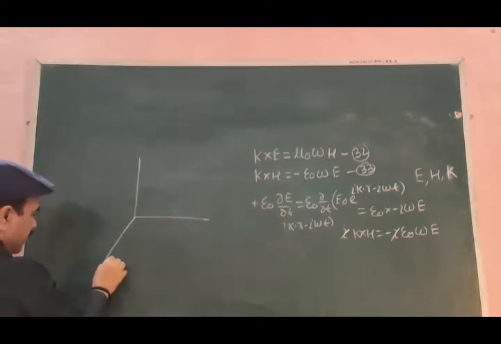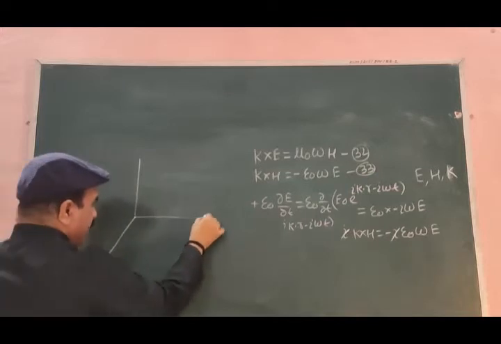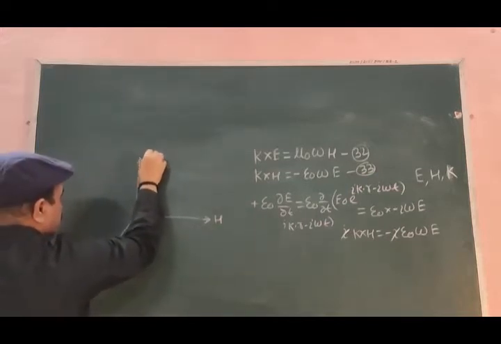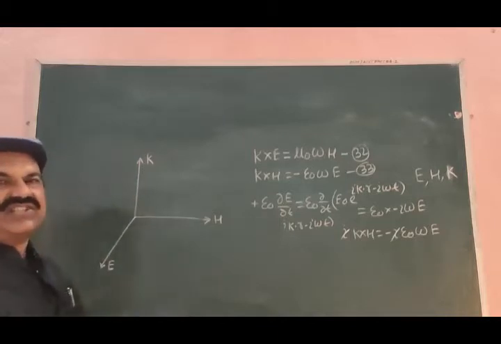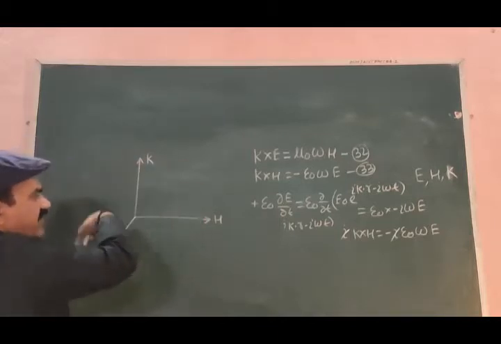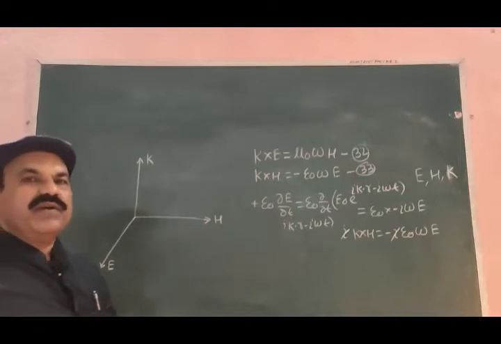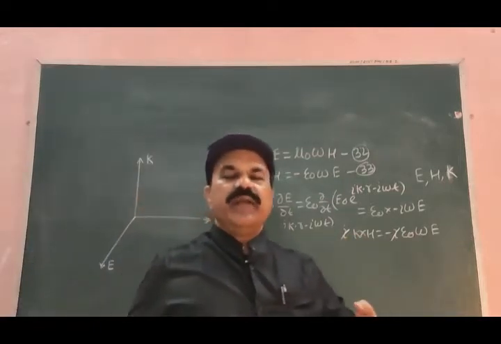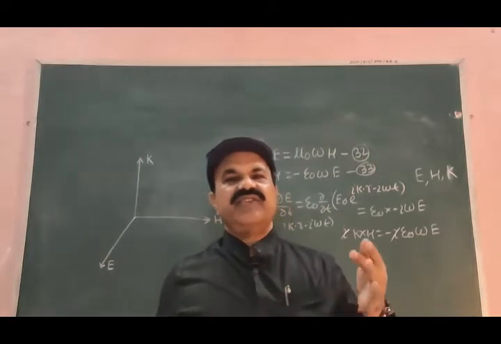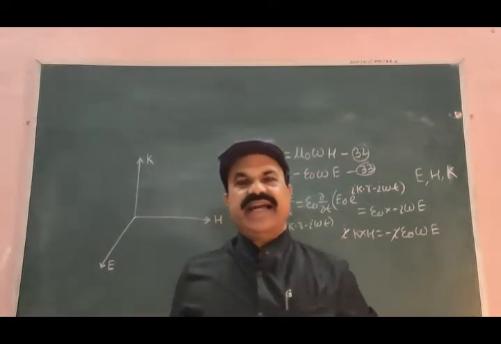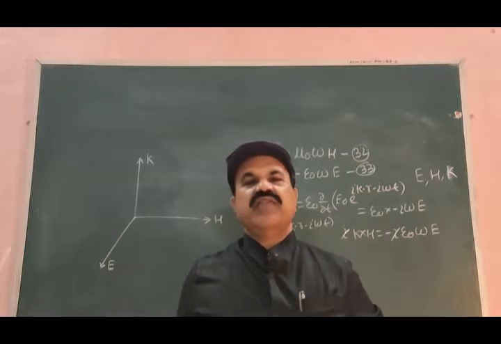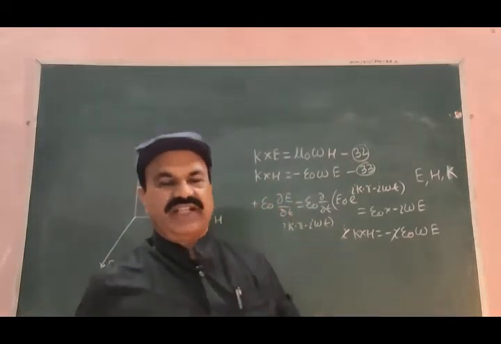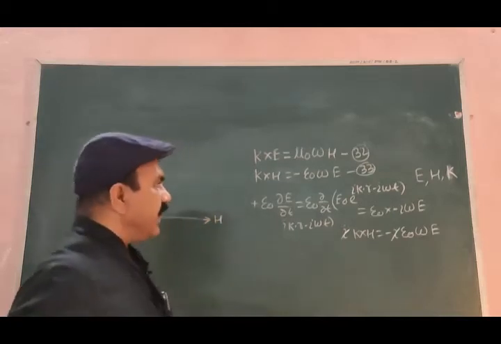If this axis represents the vector E, this axis represents the vector H, then this axis represents the vector K. It is known as three mutually perpendicular vectors represented by a right-handed coordinate system, and these three vectors form a set of orthogonal vectors.